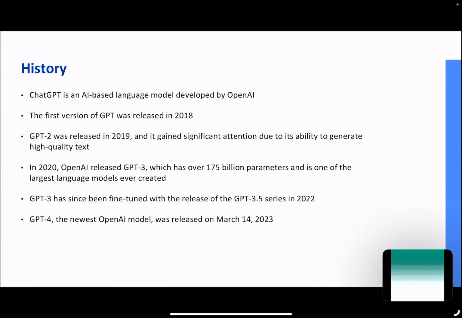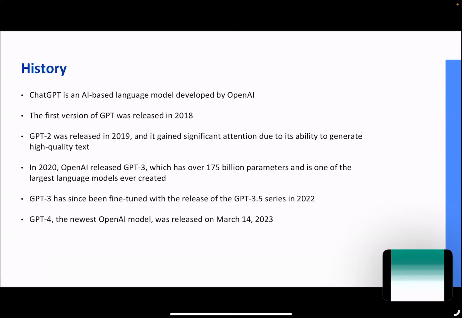The first version of ChatGPT was released in 2018, named ChatGPT version 1, and then in 2019 they released a second version that had the ability of generating quality text based on learning.